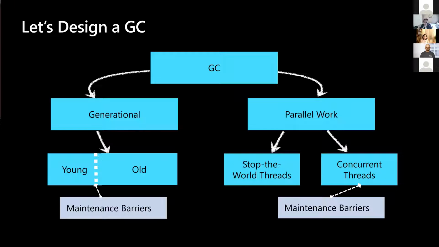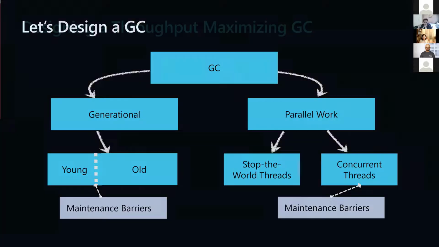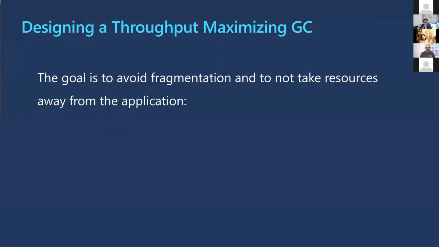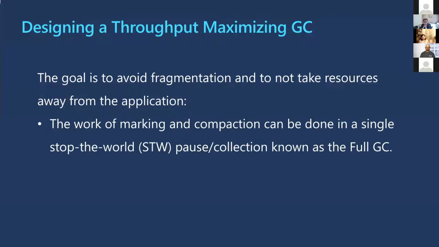So with this basic GC, if I only want to maximize throughput and not care about my latencies, then my goal is twofold. To optimize throughput, I want to make sure I'm employing a lot of threads, and I'm not taking away resources from my application, right?